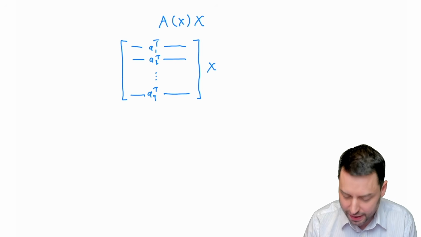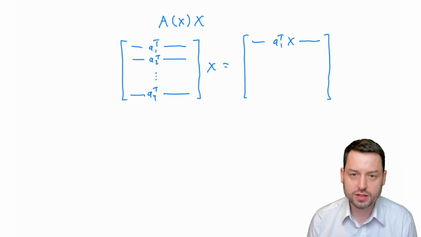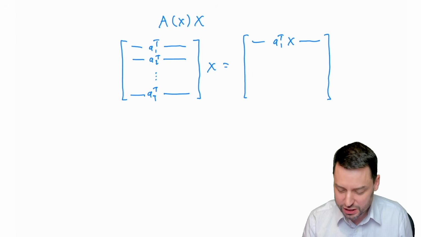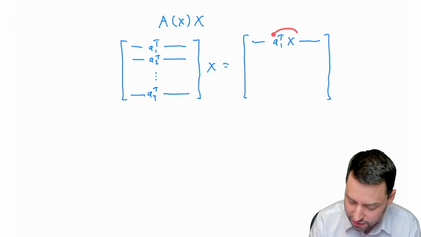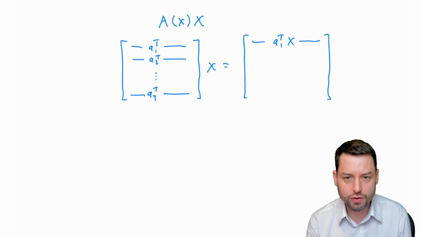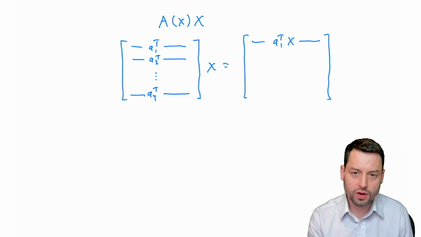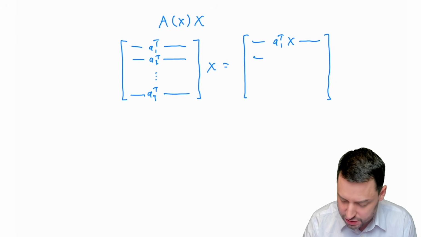We multiply this by X. Then the first row of this output would just be A1 transpose times X. Writing that more explicitly, this operation is a linear combination of the rows of X with the coefficients given by A1. And we can, of course, do the same for A2 in the next row, etc.